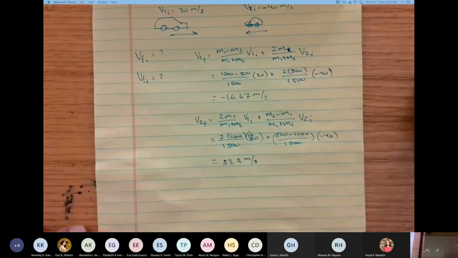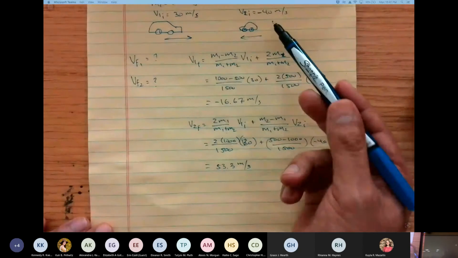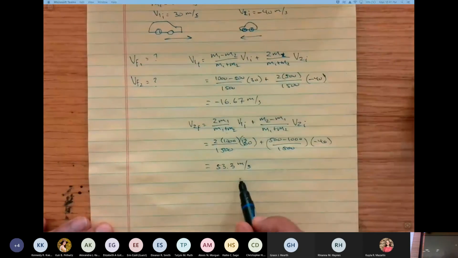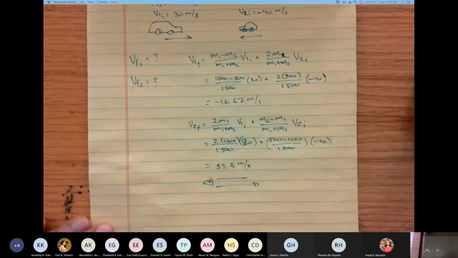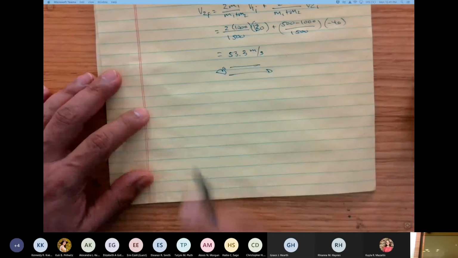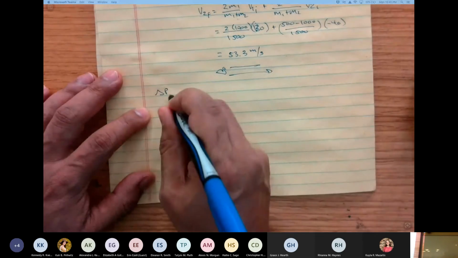Now, the original velocity of this car was negative 40. So this means that it was going this way, it crashed, and then it's going back in the opposite direction at a higher velocity. Now, what is the change in momentum of the first car?